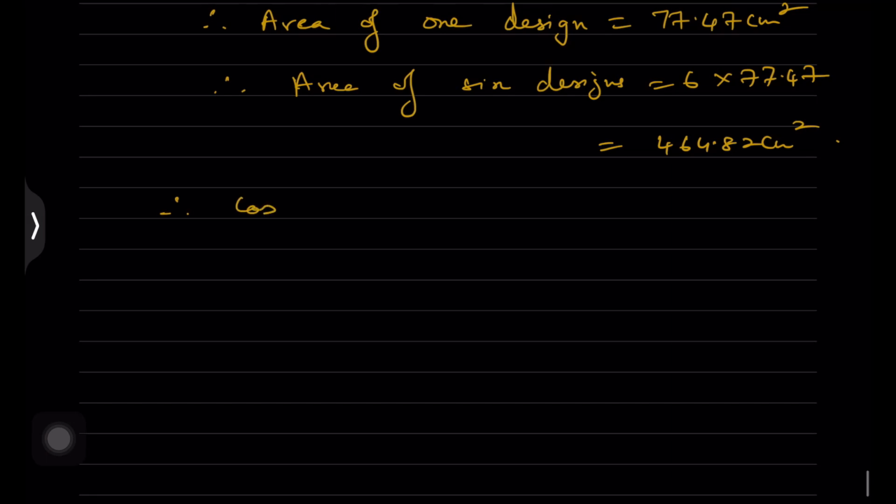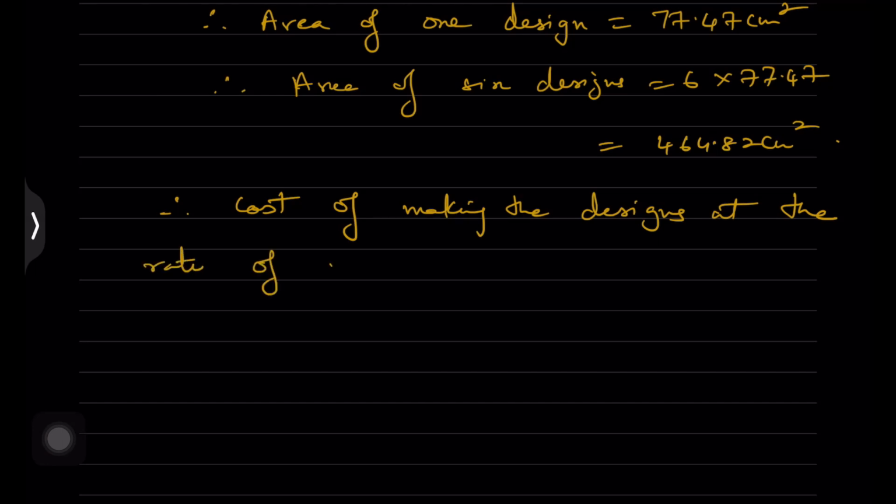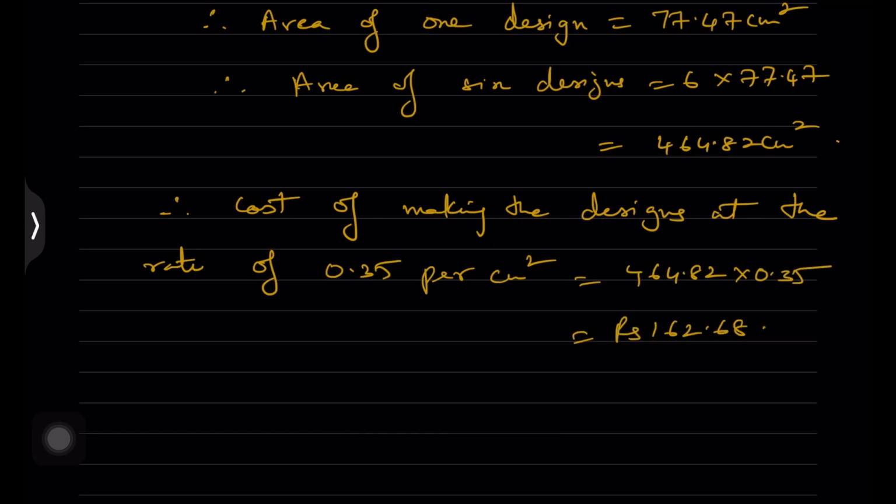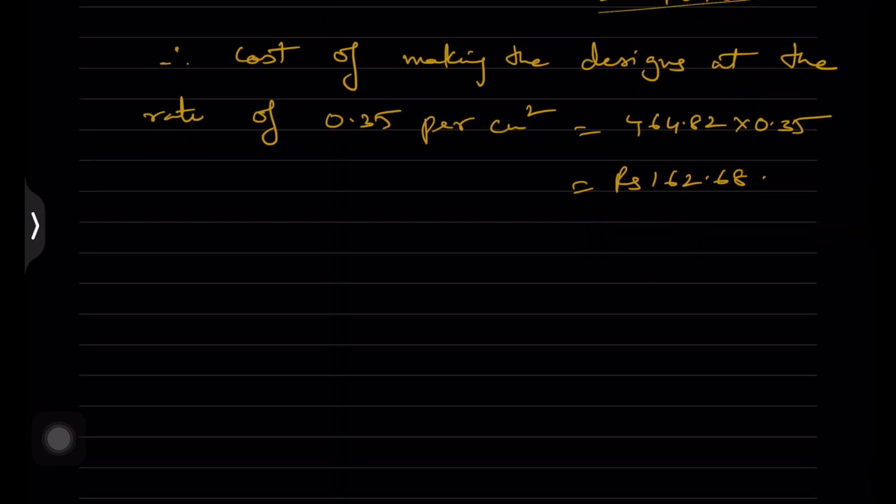Therefore cost of making the designs at the rate of 35 paisa per centimeter square is equal to 464.82 into 0.35, which is equal to 162.68.